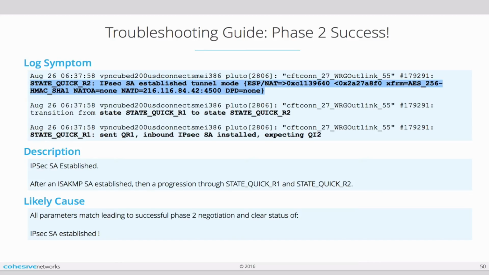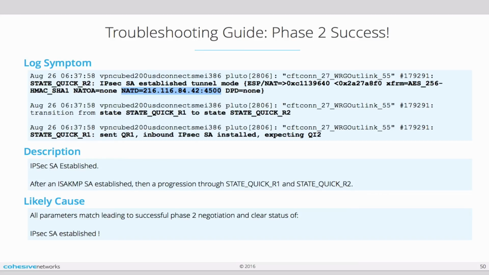And what you'll see, and we'll talk about this, and it'll be one of the last troubleshooting items, is NAT-D. This is NAT-Traversal. You see that NAT-Traversal is on by there being an IP address here in the log. It's possible for one side to think it's doing NAT-Traversal and the other side to think not.